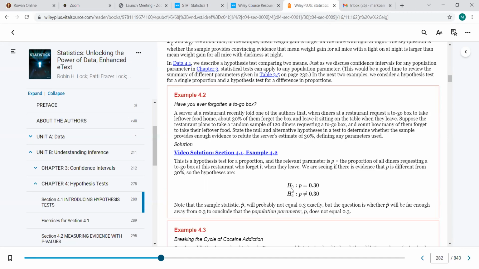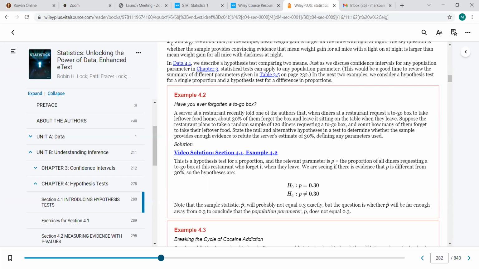The null hypothesis is basically what the server is saying, we have 30%. P, which is the population proportion, is equal to 0.3. All right. Now, in this case, the challenge is that it's not 30%, it's something other than 30%. So we're going to say the alternative hypothesis is that P is not equal to 0.3. Okay. So not equal to 0.3. So these are the pair of hypotheses here.